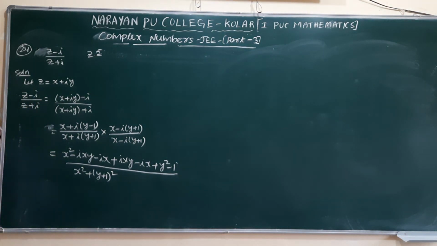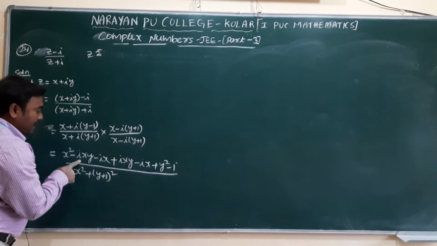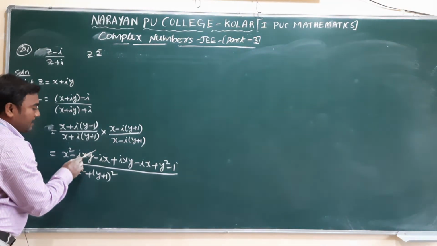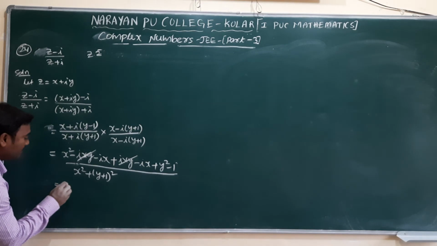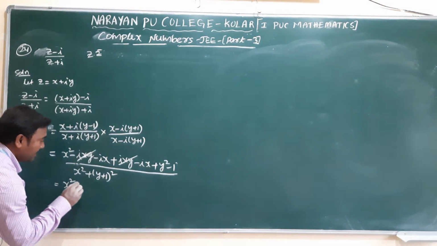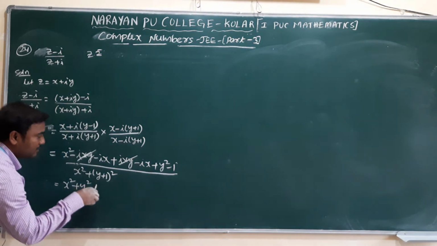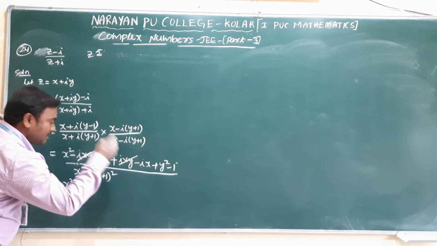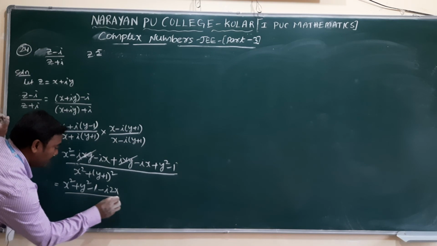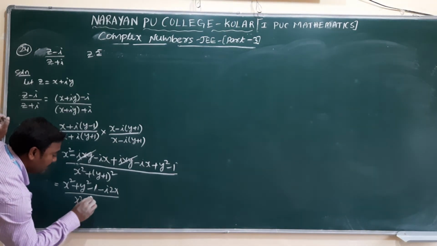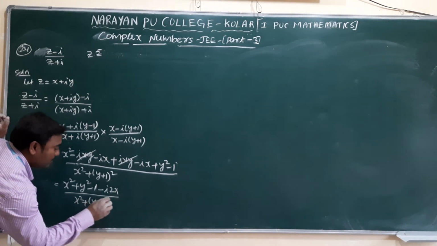Here minus ixy plus ix cancel. So remaining x square plus y square minus 1 minus i into 2x, divided by x square plus (y plus 1) whole square.